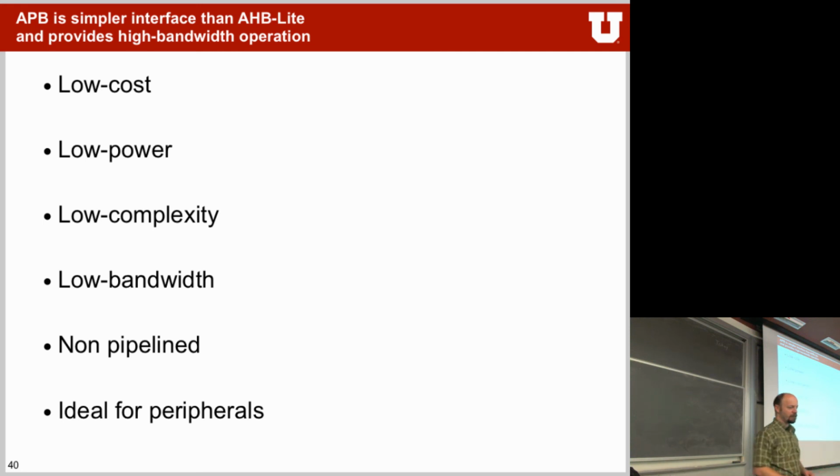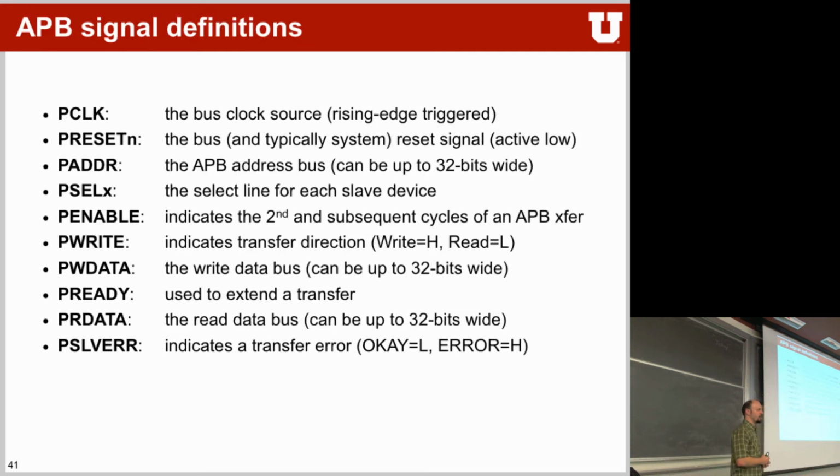The signals that we are dealing with are fewer. We have a clock, a reset line, an address, a select, an enable, a write, write data, ready, read data, and a slave error. Some of these signals are similar to before, but we don't have this whole pipelining and bursting anymore, which makes everything a lot easier.